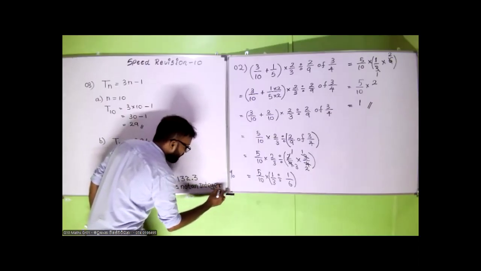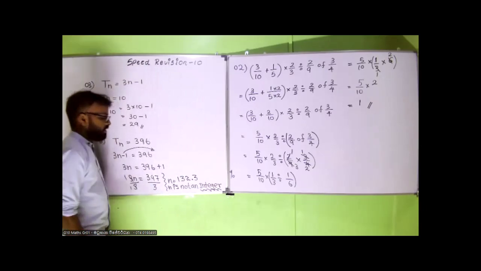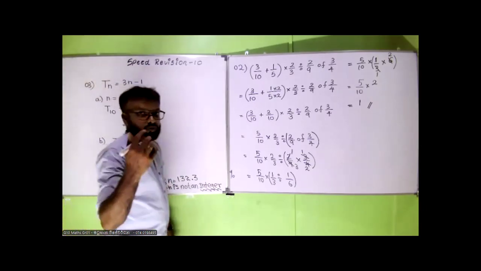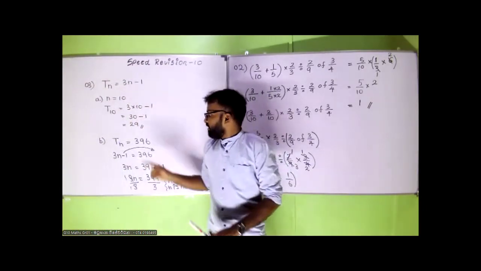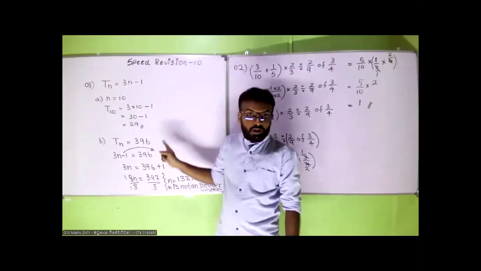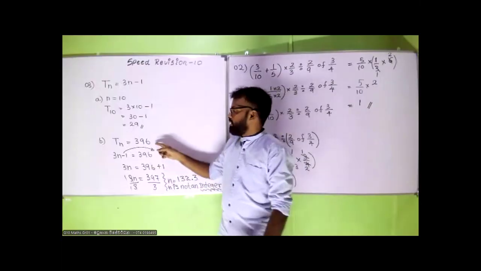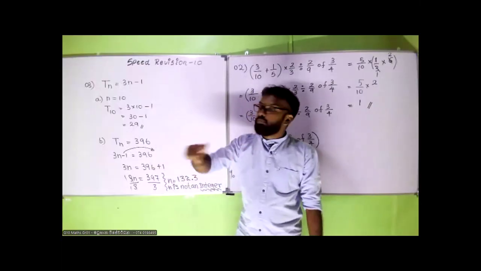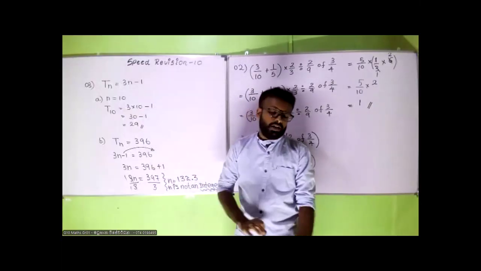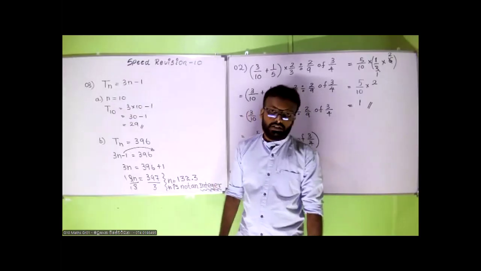Right? n is not an integer. This is the important thing. So 396 is not a term of this number pattern, right? That should be the final answer for that.